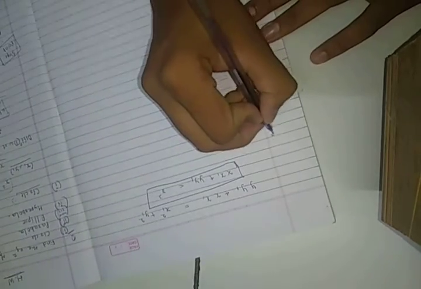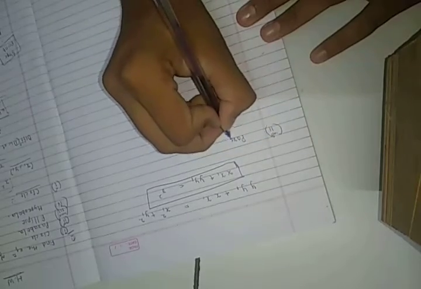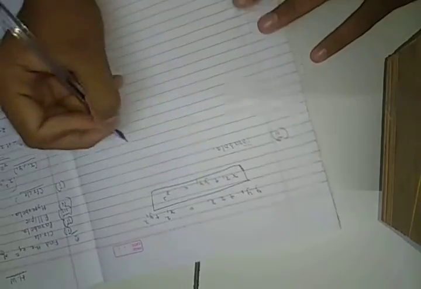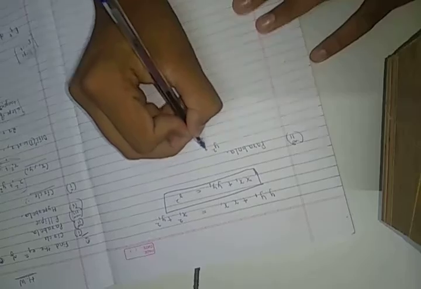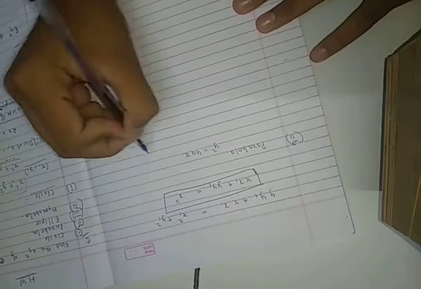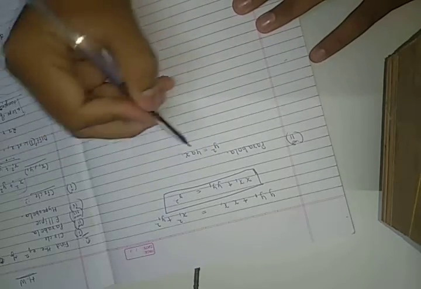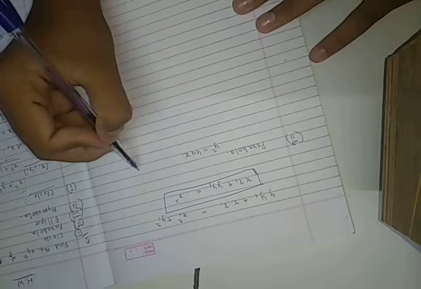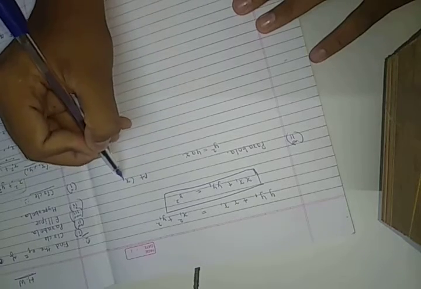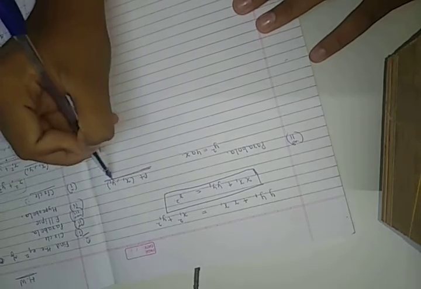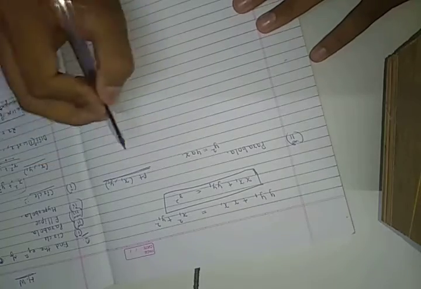Let's shift towards parabola. So the equation of parabola is y square is equal to 4ax. We have to prove this for the point x1 y1 only. So let's start.